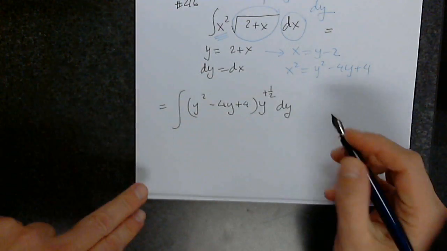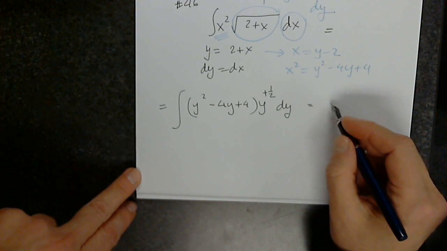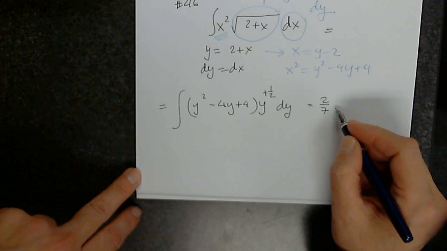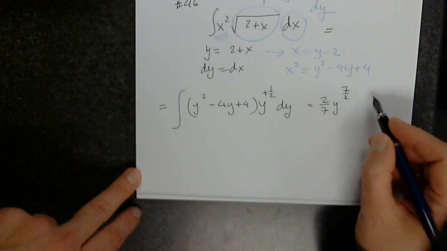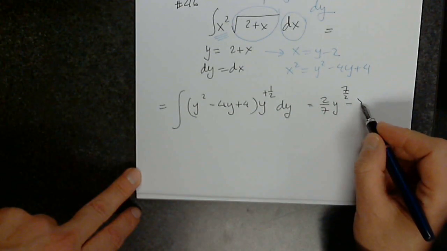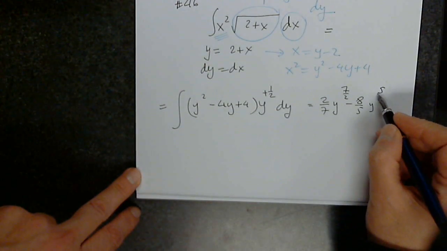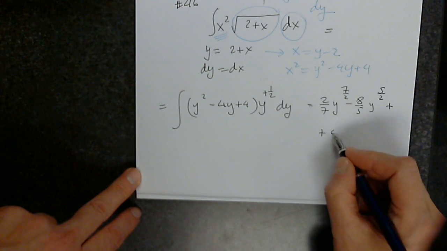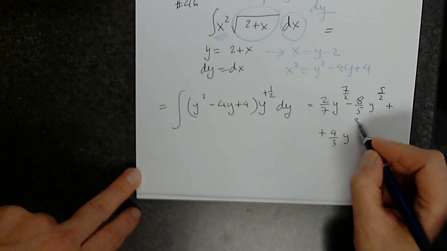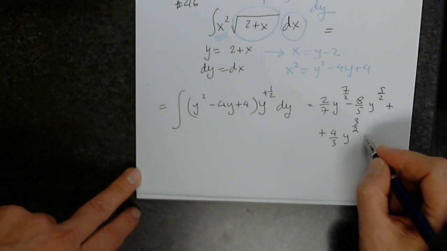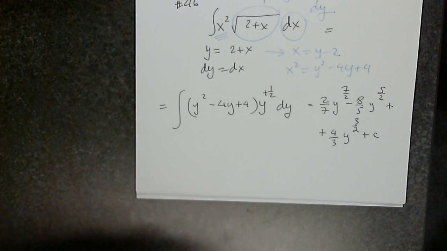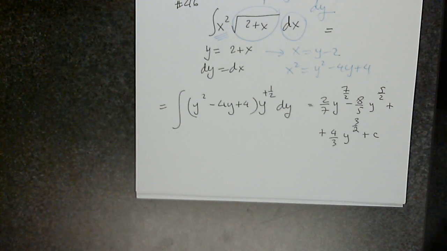Yes, ma'am. 2/7 times y to the 7/2 minus 8/5 times y to the 5/2 plus 4/3 times y to the 3/2 plus c. I guess we just substitute. Then we have to replace y by x plus 2, or 2 plus x.